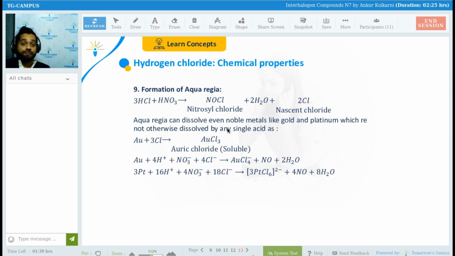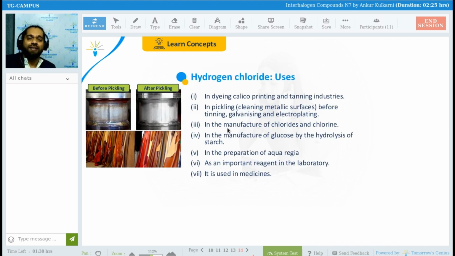Okay, aqua regia. What is aqua regia? Has anyone prepared it? Has anyone heard about it? I've told you a story about aqua regia, isn't it? We remember aqua regia dissolves gold. But why should it dissolve gold?